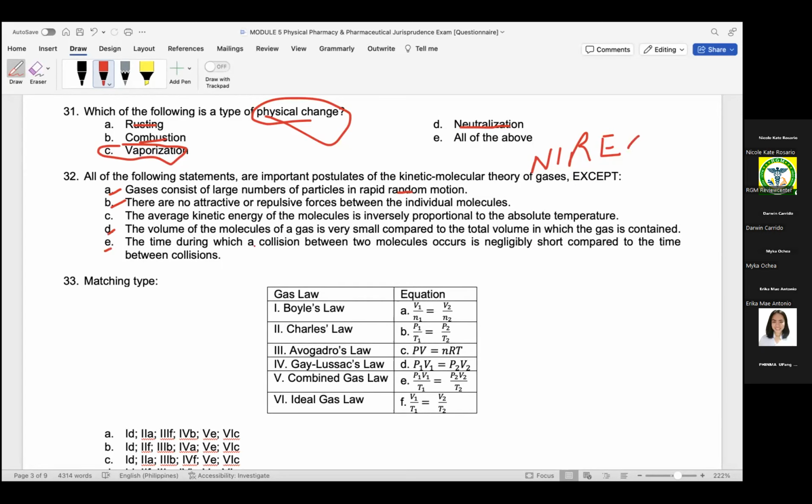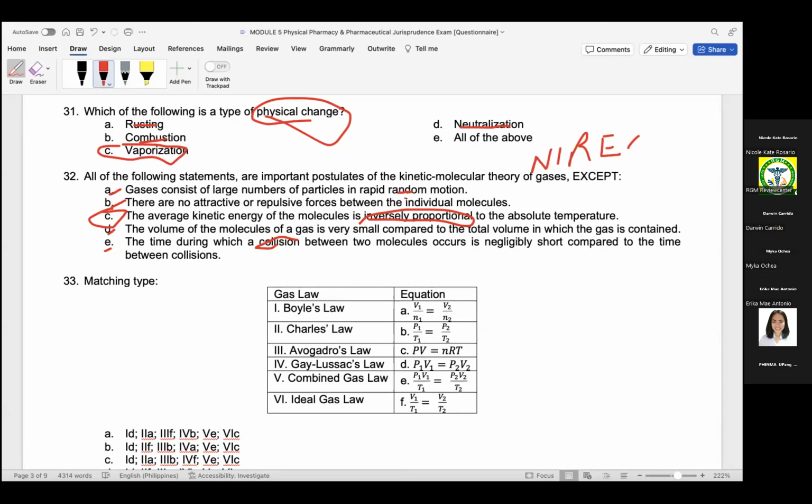So collision eh. Oh, eto tayo, letter C. The average kinetic energy is inversely proportional daw. Hindi. Yung kinetic energy is directly proportional to the absolute temperature. So letter C is the incorrect statement here. Sa yung exception. 'Di ba?